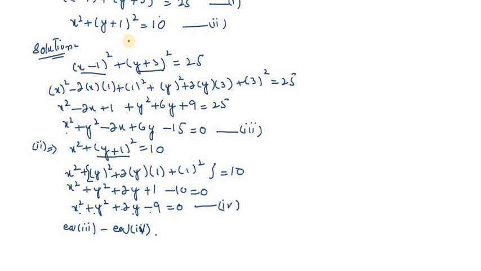And once you get the value of the other variable, substitute again the value in the equation you get from this subtraction, and get the values of x and y.